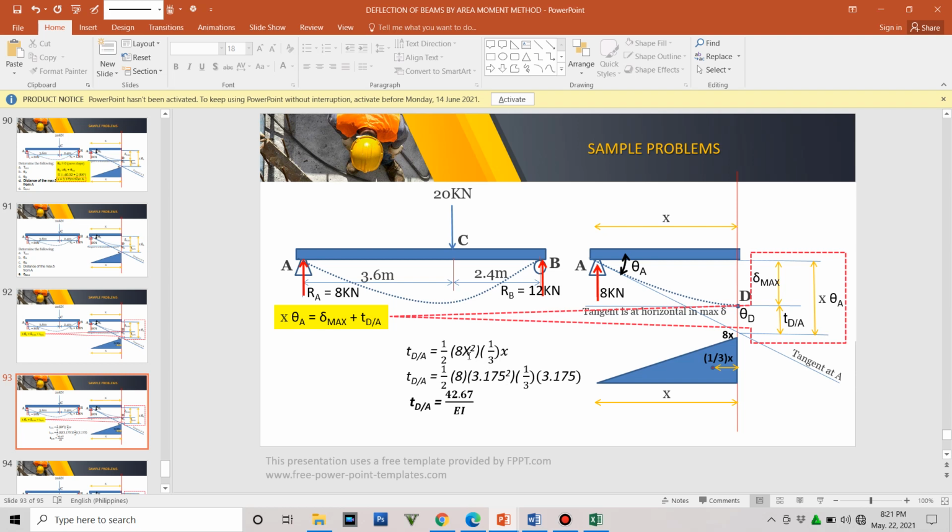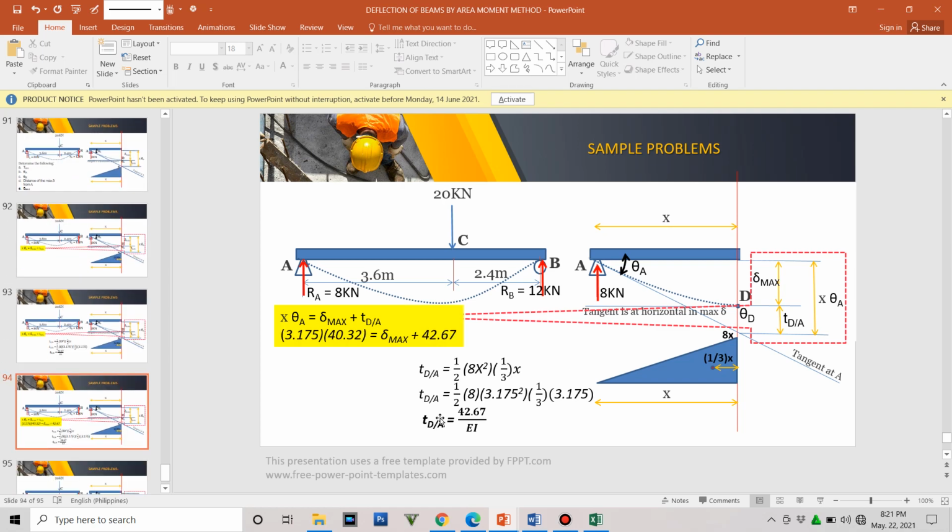Okay, so by manipulation, kasi sa-substitute na natin dito yung value ng x, which is 3.175, then we can arrive with deviation at D with respect to the tangent at A equivalent to 42.67 all over EI. So, yun nang gagamitin natin.